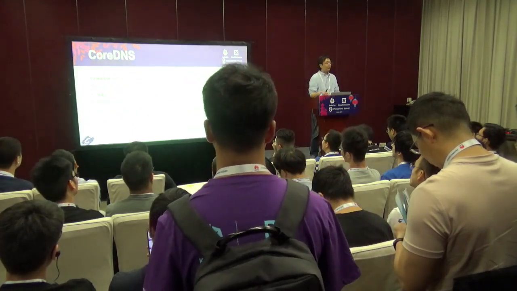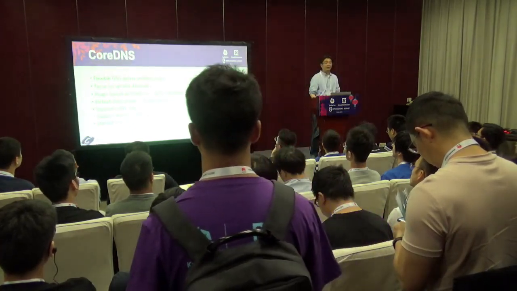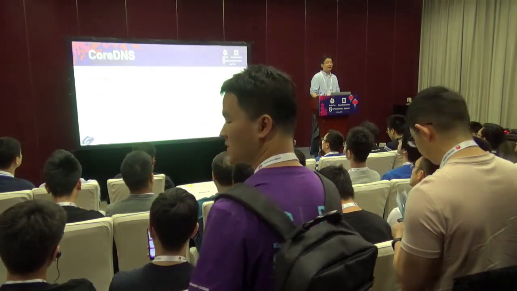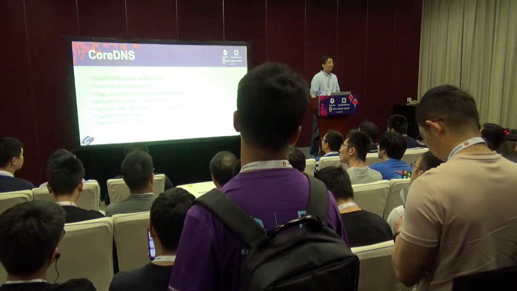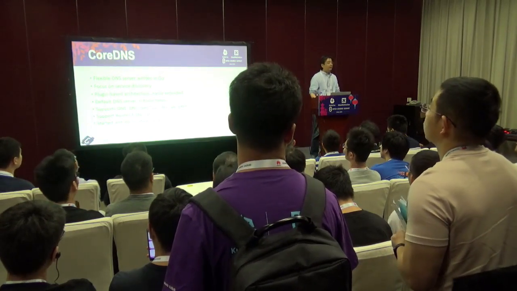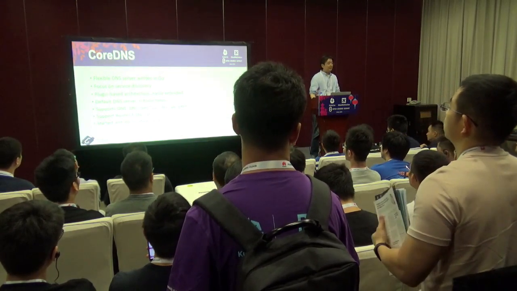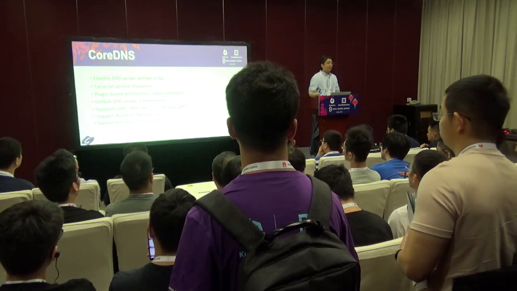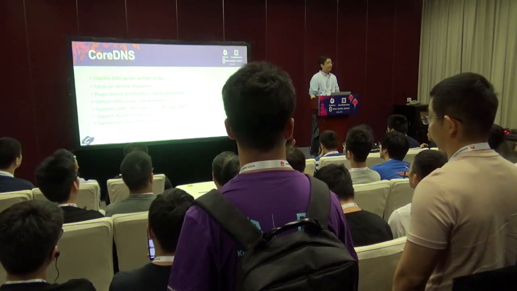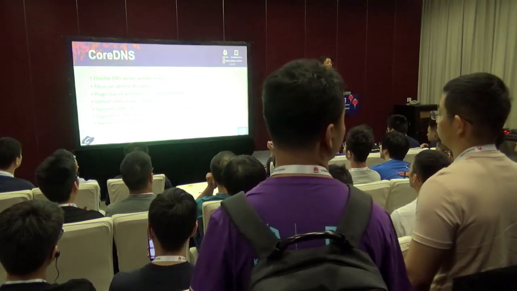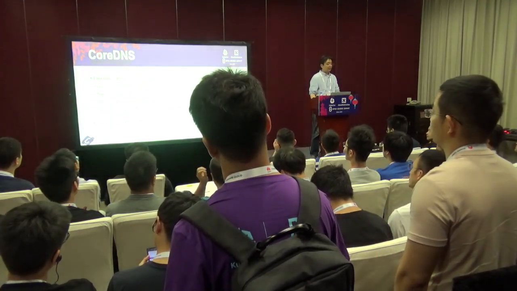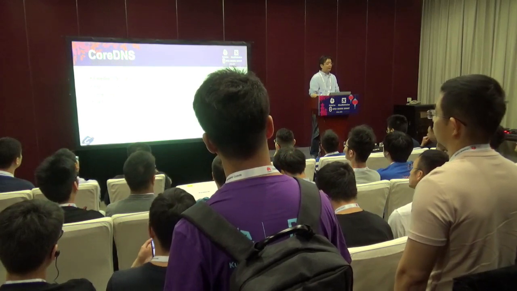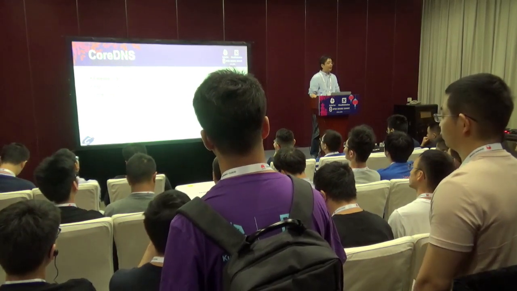So if you deploy your CoreDNS in a Kubernetes cluster, you can actually wire up CoreDNS with a Route 53 AWS backend. In this way, any Route 53 change in AWS can be populated to your Kubernetes cluster. This allows easy integration of your on-prem deployment with your cloud deployment, and also allows a mixture of hybrid cloud deployment.